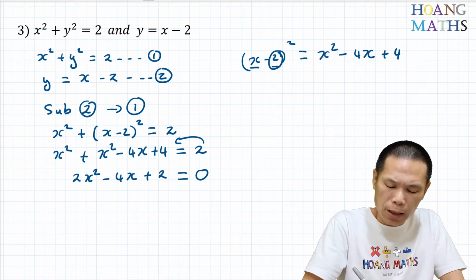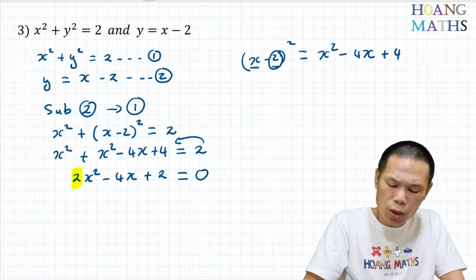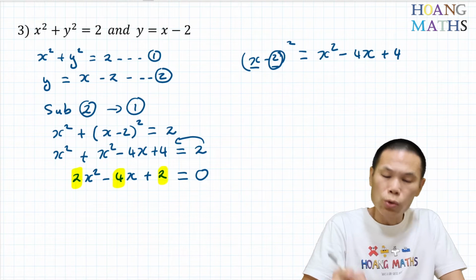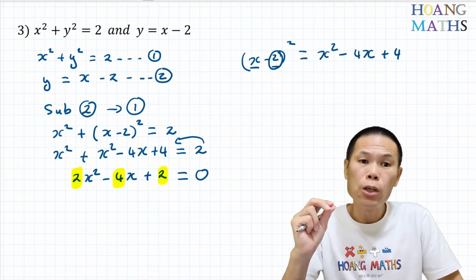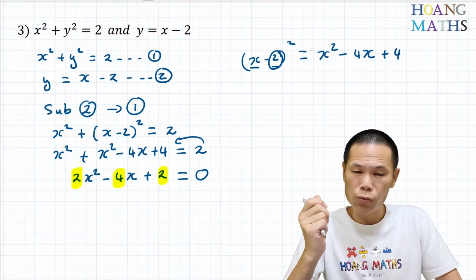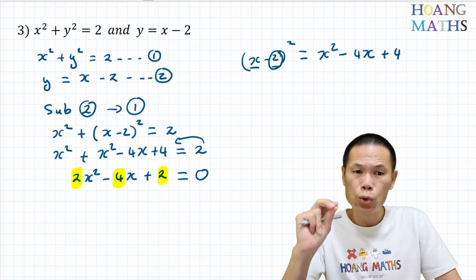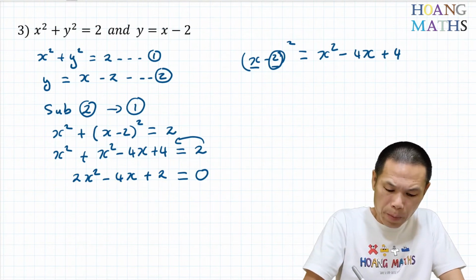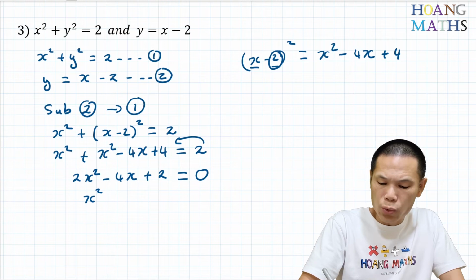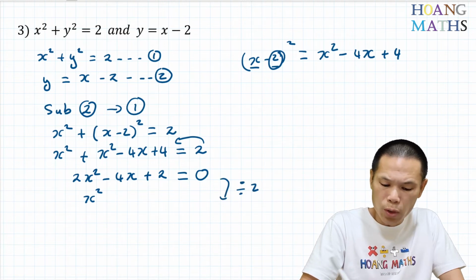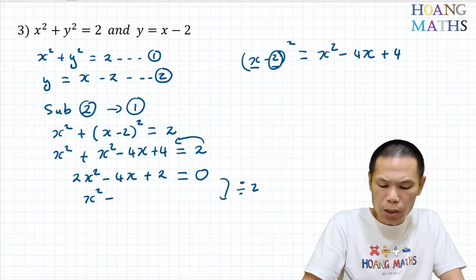We can see that the common factor is 2, so we can divide the whole lot by 2 because this equation equals 0. I divide every term by 2, so that gives me x squared, and dividing minus 4x by 2 gives minus 2x.